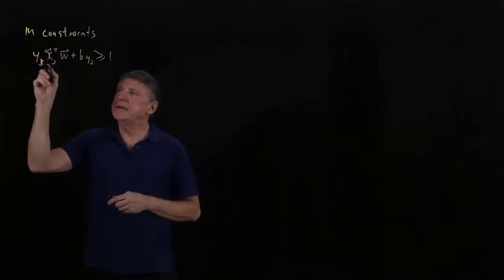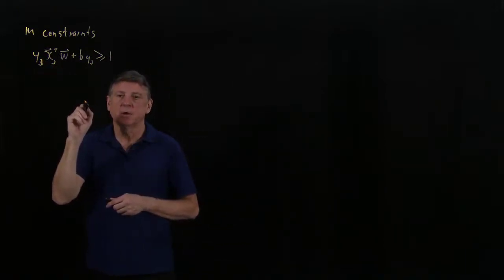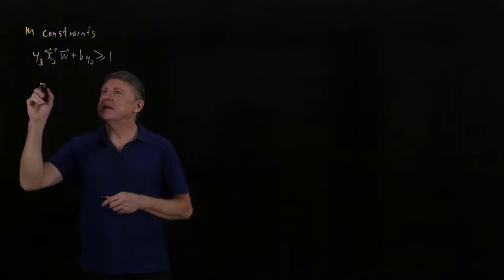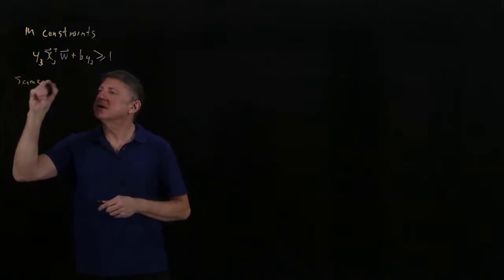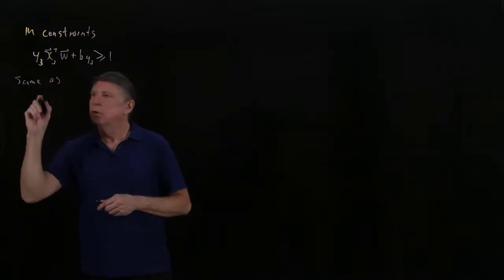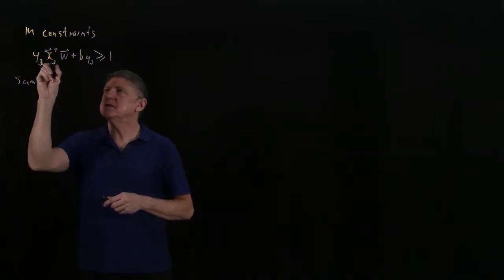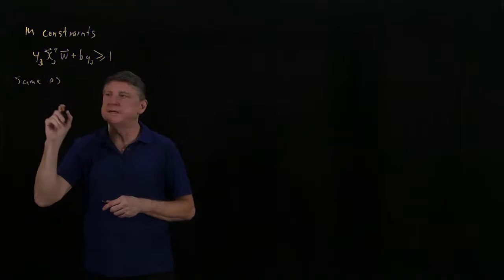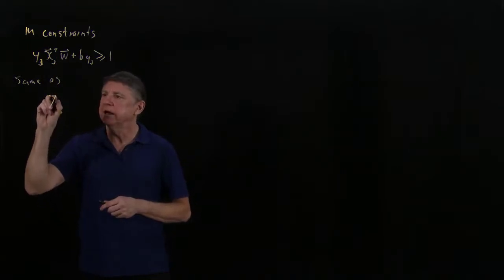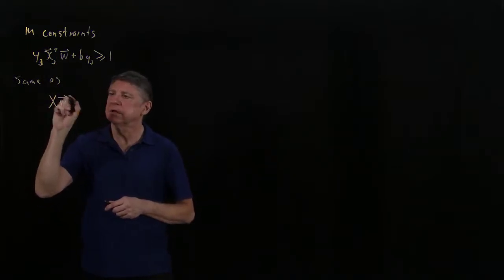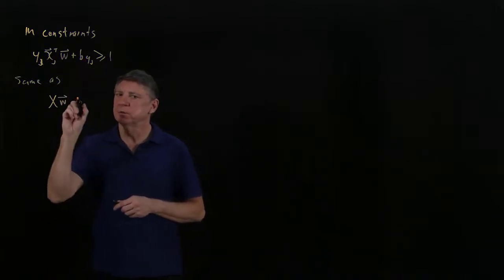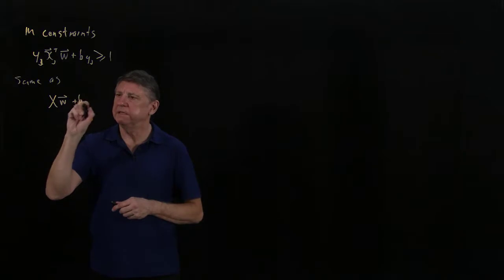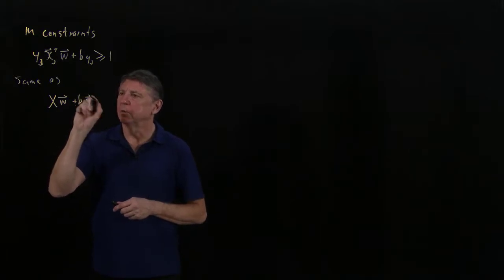When we gather all of these together, that is the same as, for all j constraints, x times w, and for all constraints, b times the y vector.